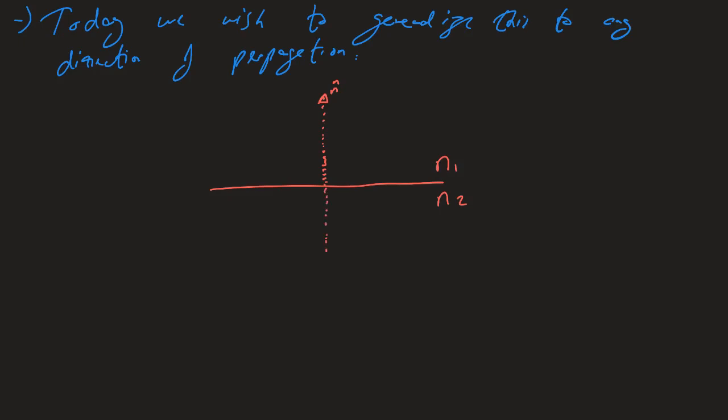We have some incoming radiation, and this incoming ki makes an angle theta i with regard to the surface normal. There's some reflected radiation, kr, which makes some angle theta r, and then there's some transmitted radiation which makes an angle theta t with a wave vector kt.